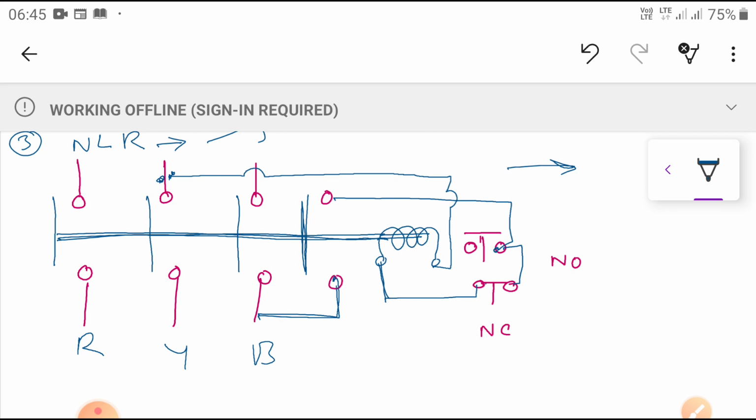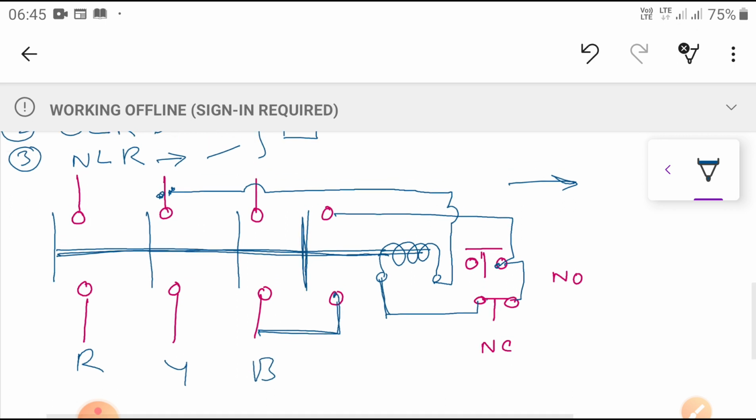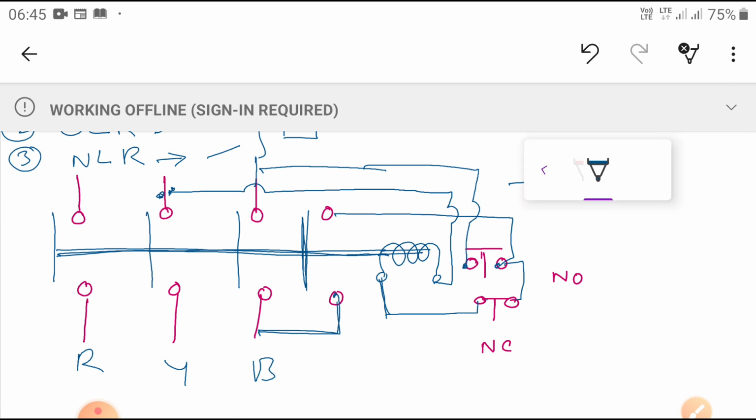So here I connect this one from this phase. Here temporarily I am going to connect to this terminal. Okay, so what will happen? You can see here the current direction.